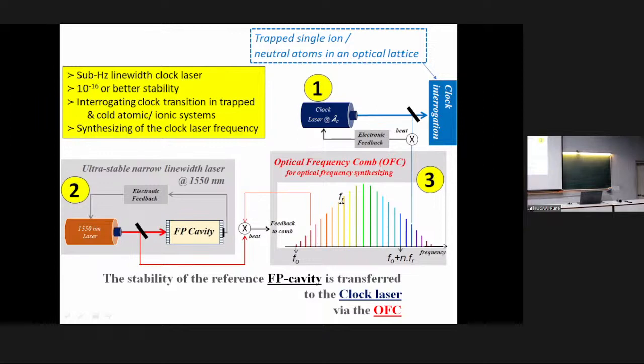A very good quality commercial laser has a line width of 100 kilohertz. But that's not useful, because if you have a 100 kilohertz line width and are trying to measure a very narrow line width of 1 hertz, you will be limited by the line width of the laser.